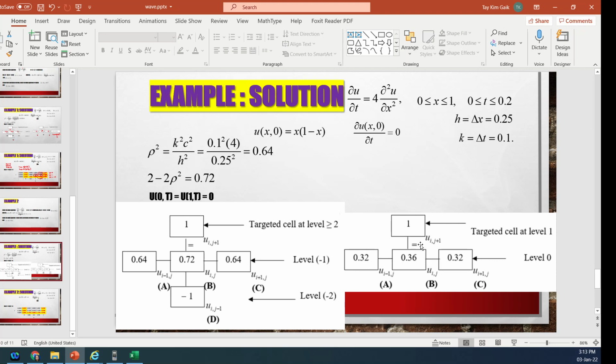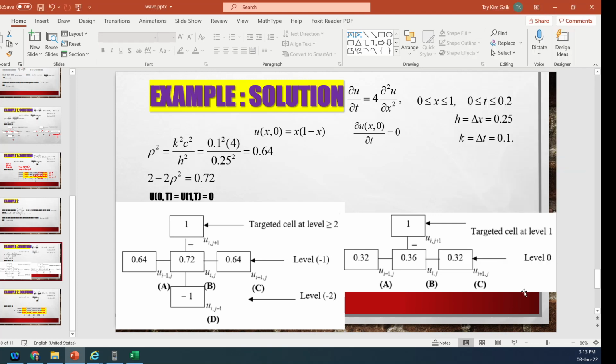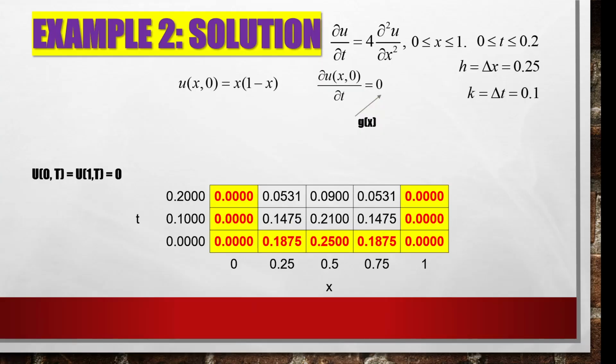For the two level molecule, to calculate your level 1, you have 0.32 alpha A plus 0.36 alpha B plus 0.32 alpha C. You don't have this part because gx is 0. And then how do you get U11?